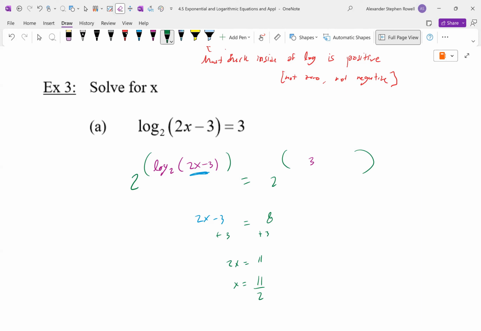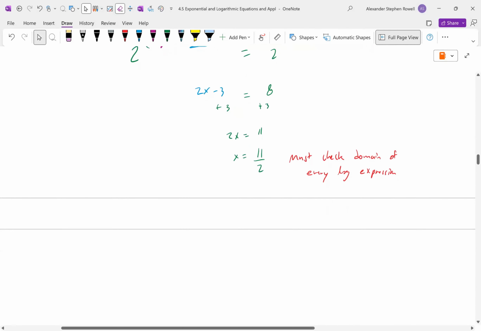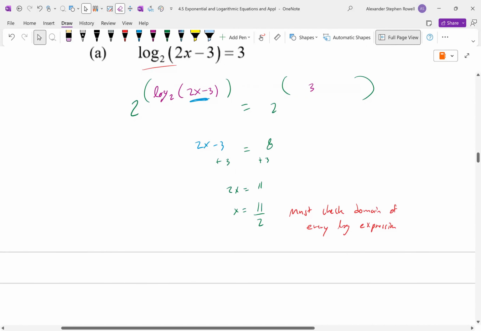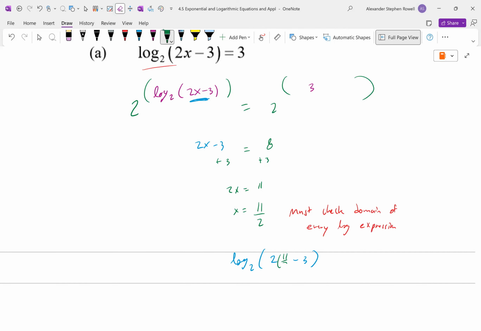Now we must check every time we start with a log equation. I mean check the domain of every log expression. I look at log base 2 of 2x minus 3, and we plug in 11 halves.